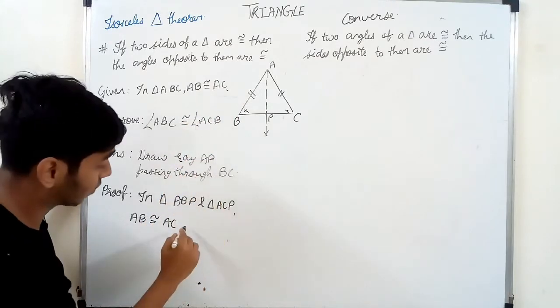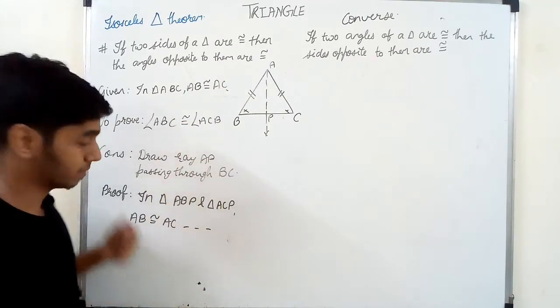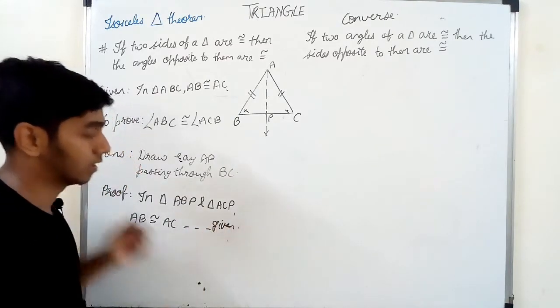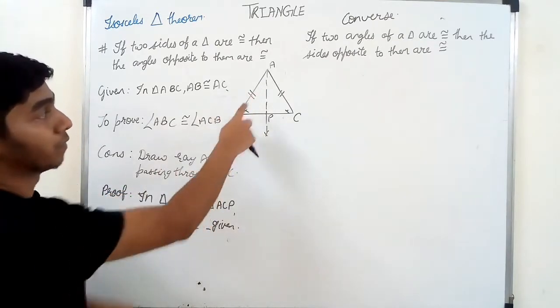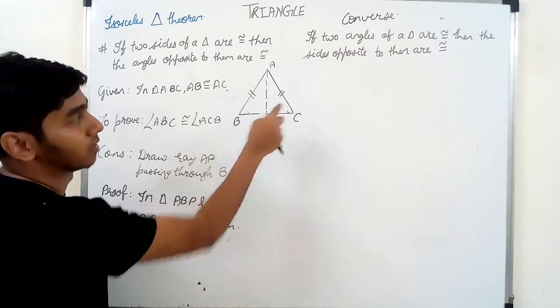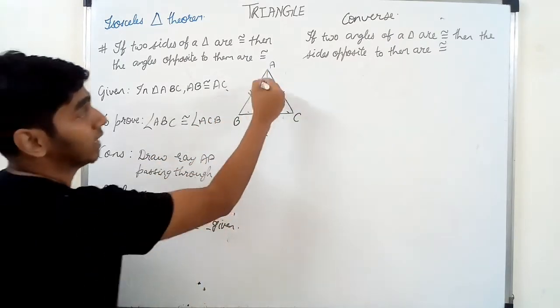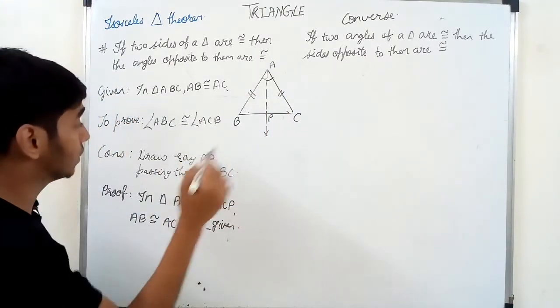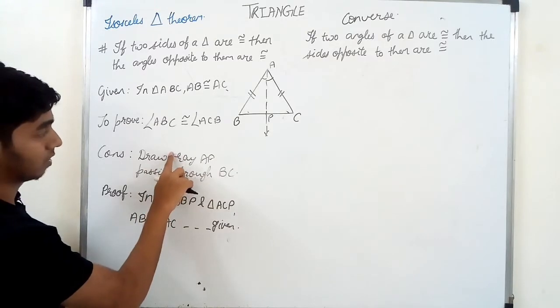The reason for each and every statement is always to be written, so the reason for this is that it is given. This one is to be proved, so we won't consider it. Now AP and AP, or you can take this and this, because we have drawn an angle bisector. I have not mentioned that here.